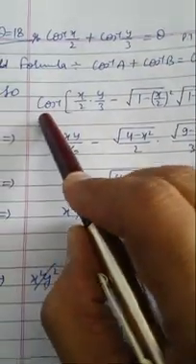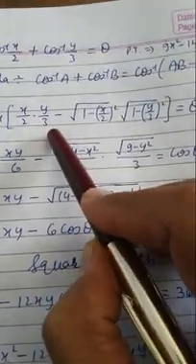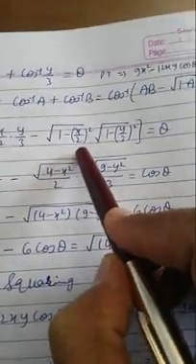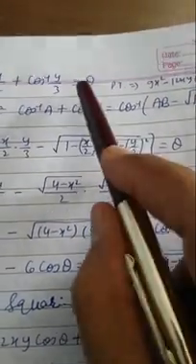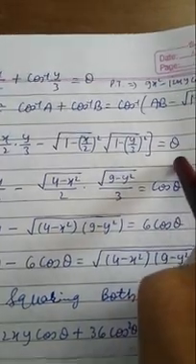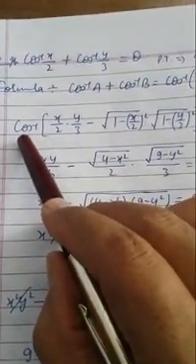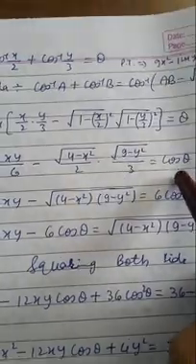We have cos inverse of x by 2 into y by 3 minus under root 1 minus x upon 2 whole square, under root 1 minus y upon 3 whole square, is equal to theta. Now transfer this cos inverse from LHS to RHS. This cos inverse becomes cos theta.